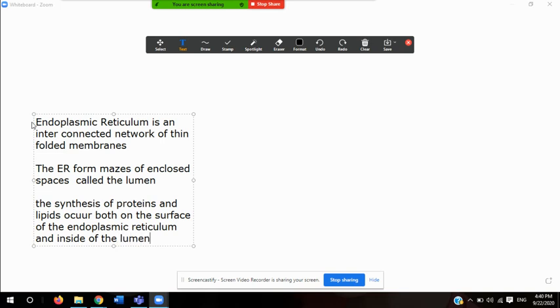So the endoplasmic reticulum is basically an interconnected network of thin folded membranes. Inside of the endoplasmic reticulum, there are mazes, which are called the lumen. And the lumen, along with the surface of the ER, are important in the synthesis of proteins and lipids.